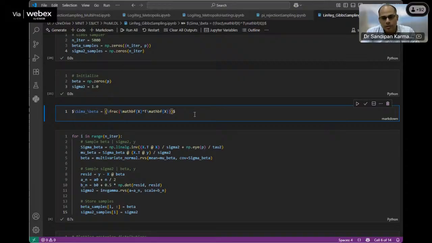Or you can do dot product, dot is another function.